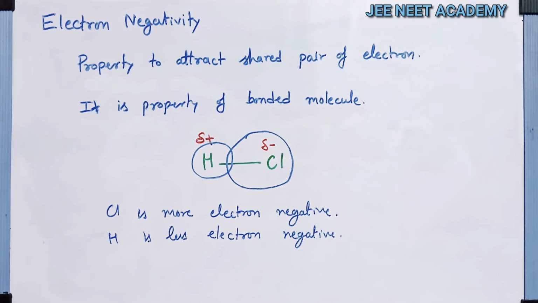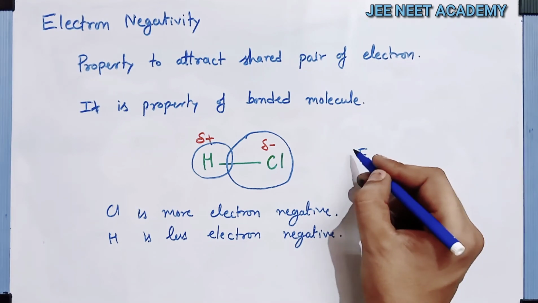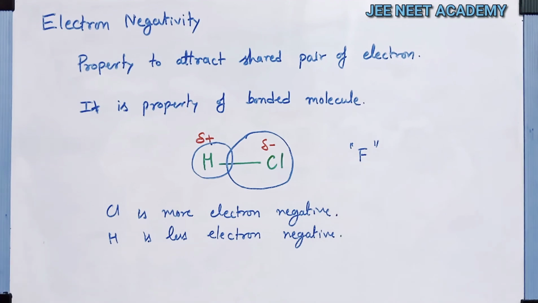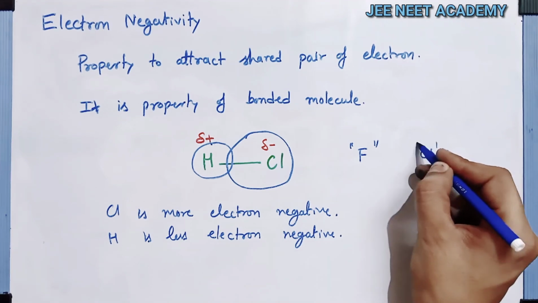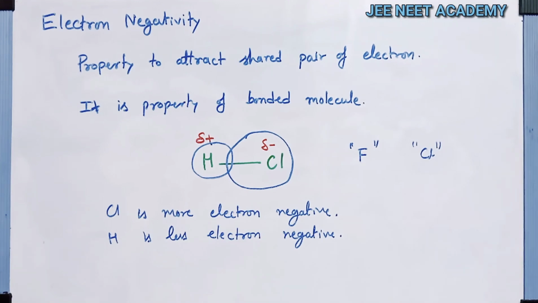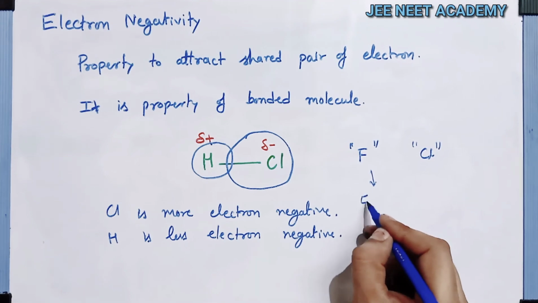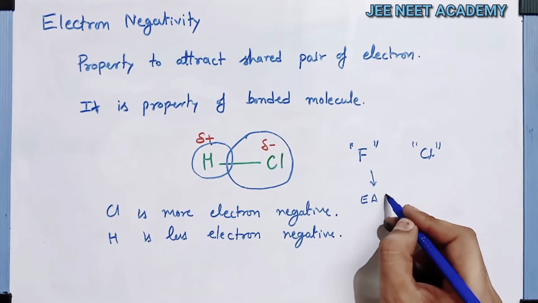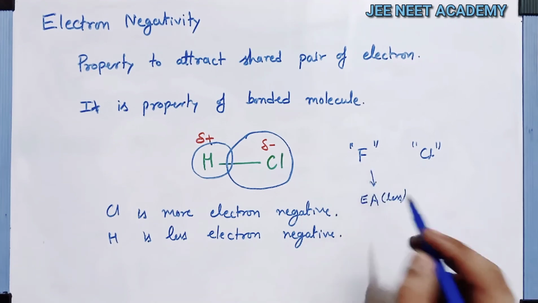Now we are talking about fluorine. Fluorine is good at attracting, but it can't accept the electron easily because of its small size. That's why when you compare fluorine and chlorine, the electron affinity of fluorine will be less because of the small size, and it is a second period element also.